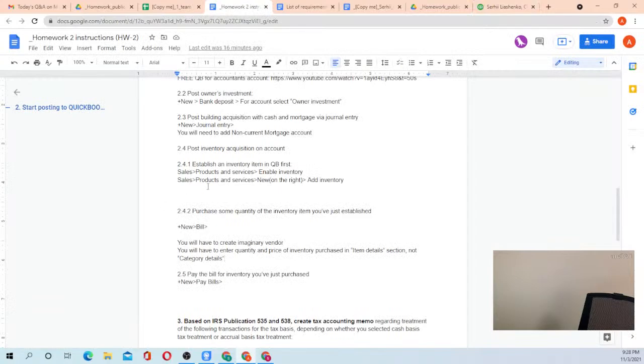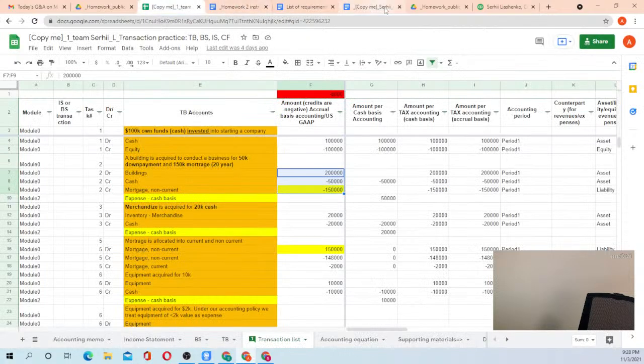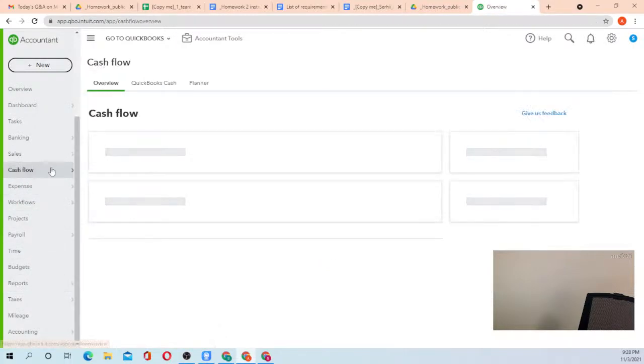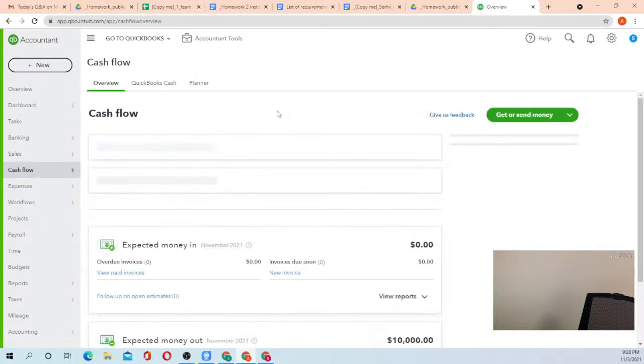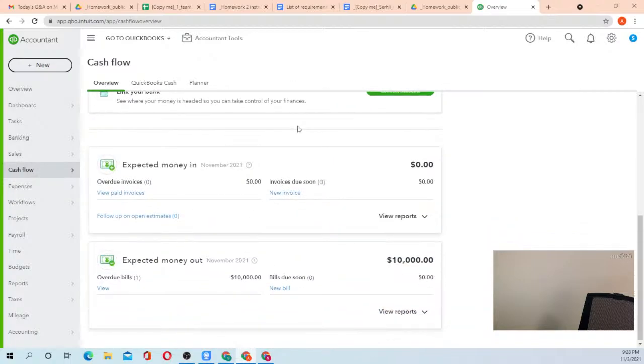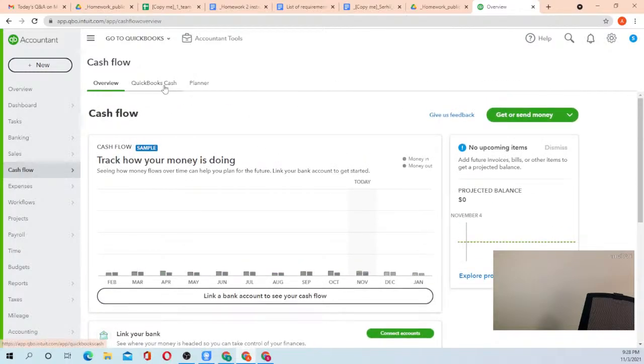So let's see what we have here. Yeah, we paid that bill. Let's see how it reflects in our cash. Let's try the cash flow function for that. That's some kind of analytics. I don't think we need it currently.